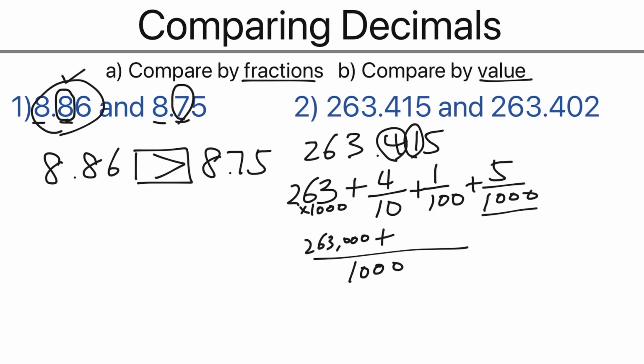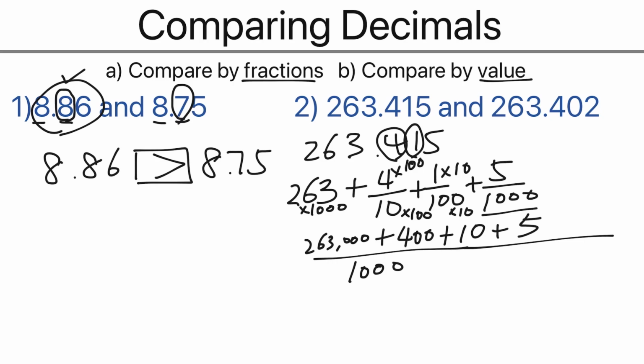For 4 over 10, we need to multiply by 100 to get to 1000, and doing the same in the numerator, 4 times 100 makes it 400 in the numerator. For 1 over 100, we need to multiply by 10, and doing the same in the numerator gives us 10 on top. And for the last fraction, it's already at 1000 as the denominator, so we will leave 5 as it is.